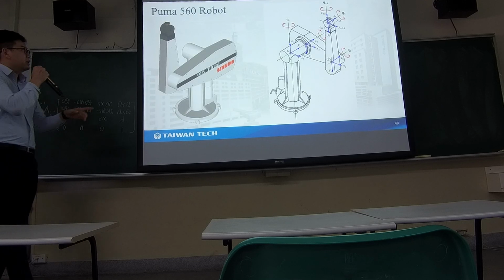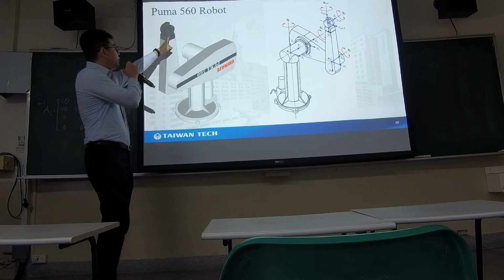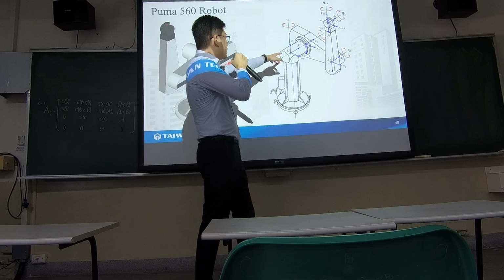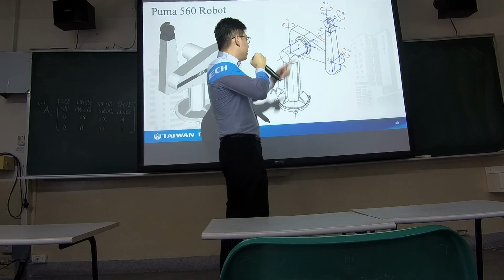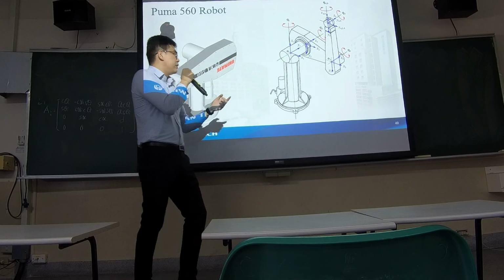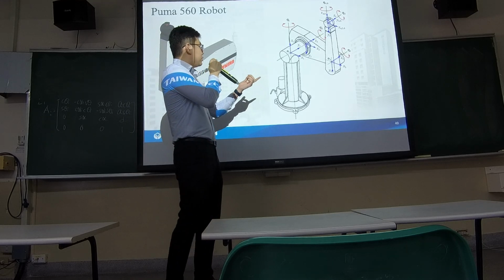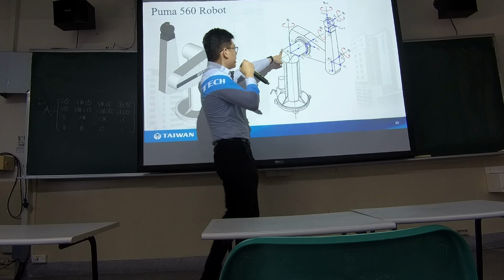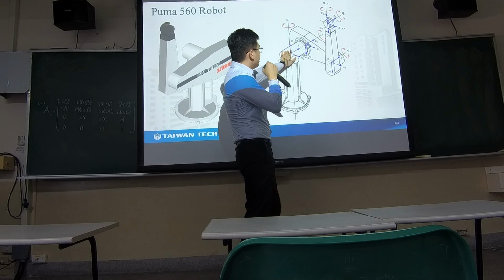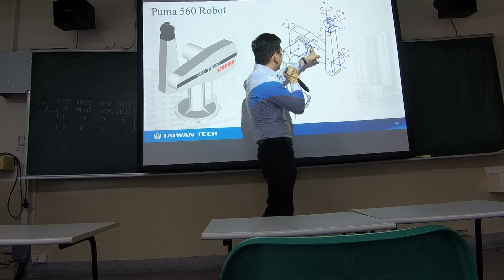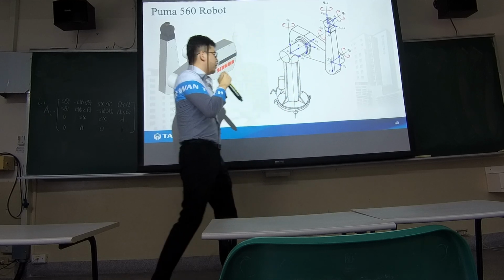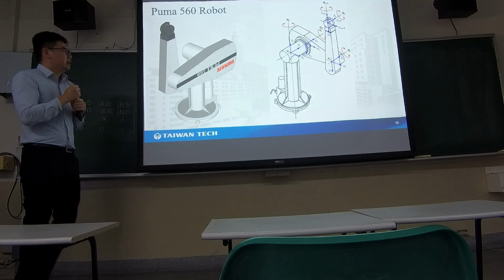And also, this is a Puma 560 robot. And this is a coordinate system they set up online, but it didn't follow both rules. As you can see, the Z1 is up here and Z2 here, but the X didn't touch both axes, but it's still fine.